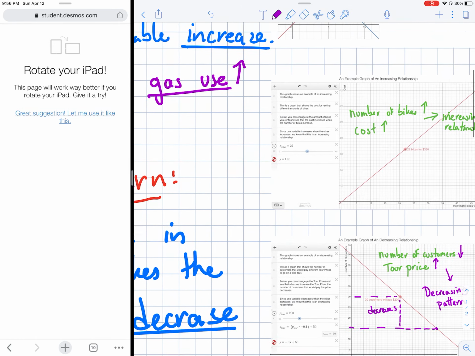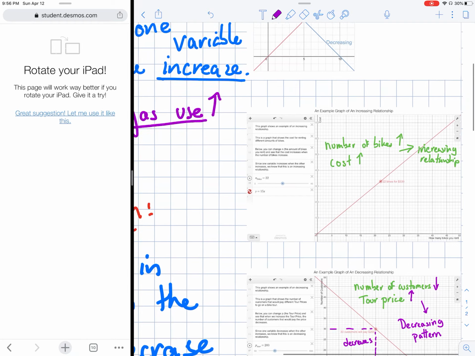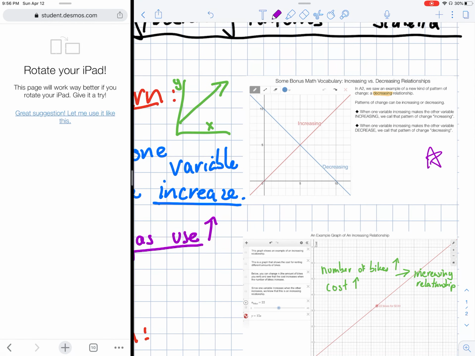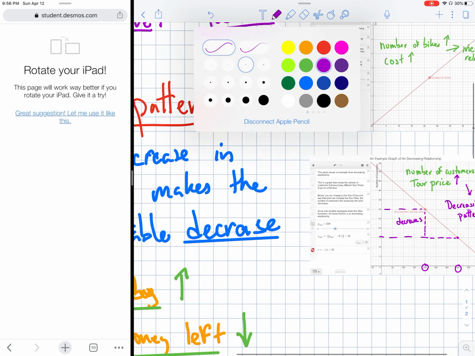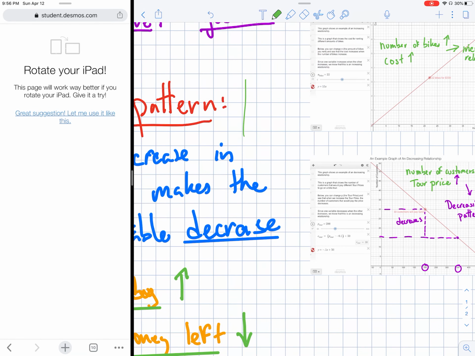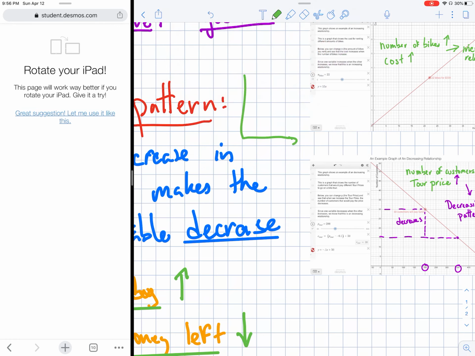You might also notice, and I saw some people who got to the activity early who were noticing, on both this example up here and the one on the bottom, that graphs for decreasing patterns look different than graphs for increasing patterns.